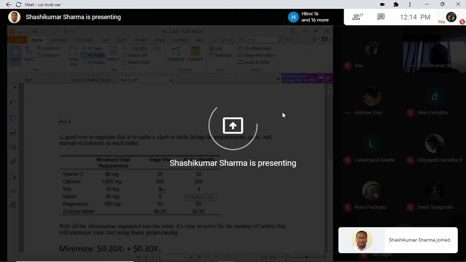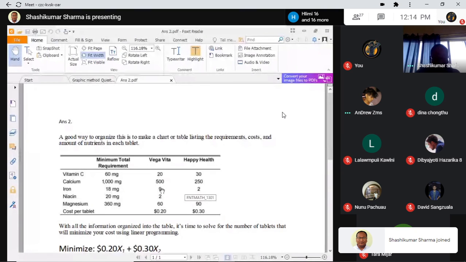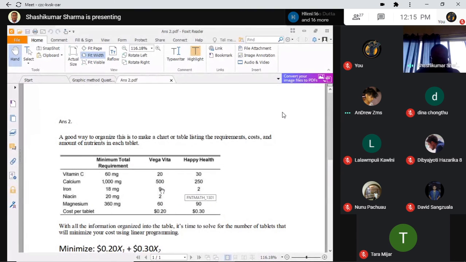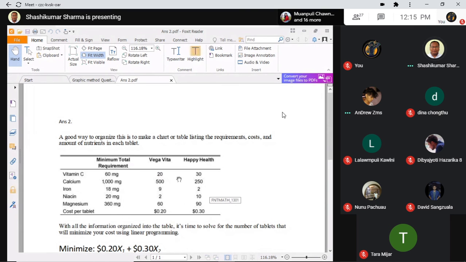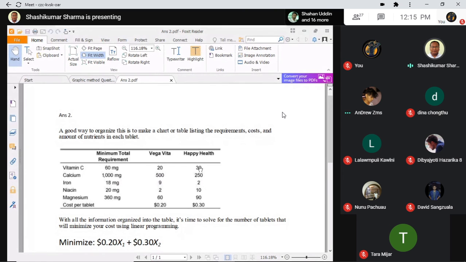Okay, now when we look into that problem, the problem looks very complex, right? So the first thing that you should do is make a table like this. You should organize it in such a way that it can be easily understood, right?